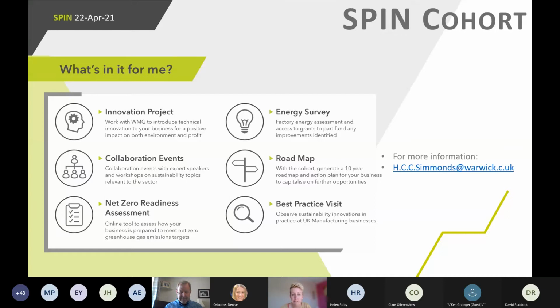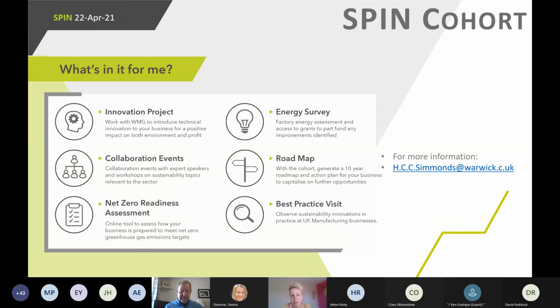Next, the energy survey is actually delivered by our partner organisations. So, for example, for a Coventry and Warwickshire SME, we'd refer to the Coventry and Warwickshire Green Business Programme, and they will do a factory energy assessment, and then there's access to grants to part fund any improvements that have been identified. Then also, I'd like to do best practice visits with these cohorts.